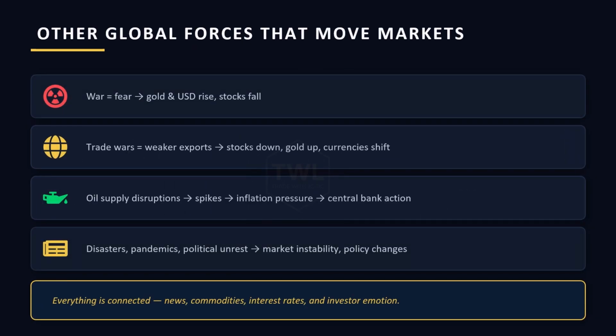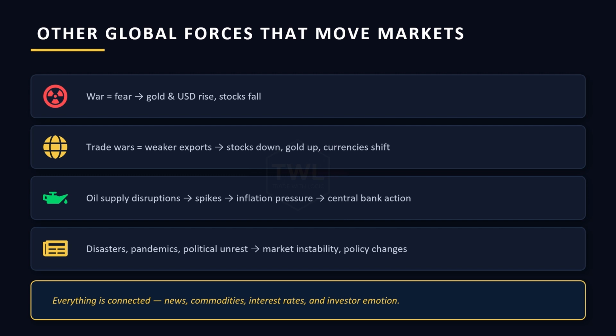Beyond economic reports, there are bigger global forces that shake the market too. War creates fear. And fear usually sends gold and the dollar up, while stocks fall, because investors run towards safety. Trade wars between countries weaken exports, which can push stocks down, gold up, and cause currencies to shift based on investor confidence.